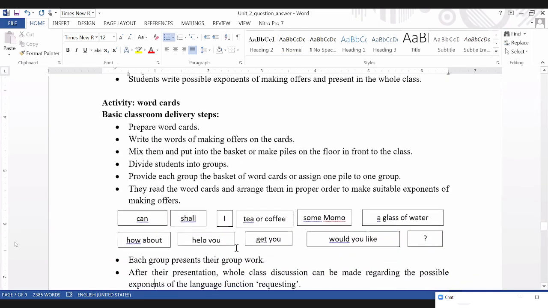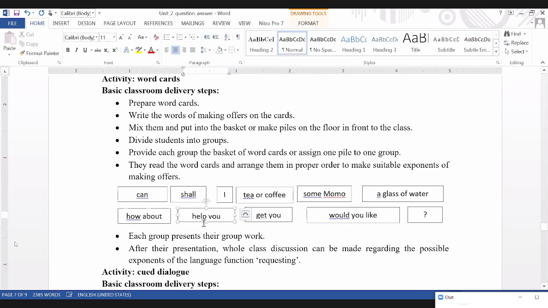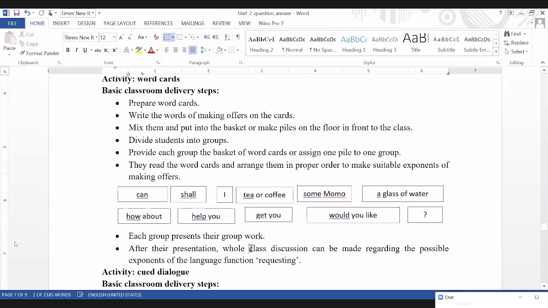For example, these are the word cards: can, shall I, your coffee, some momo, a glass of water, how about, help you, get you.